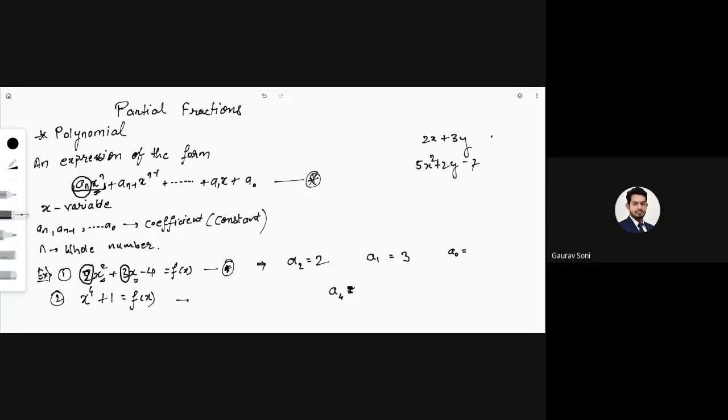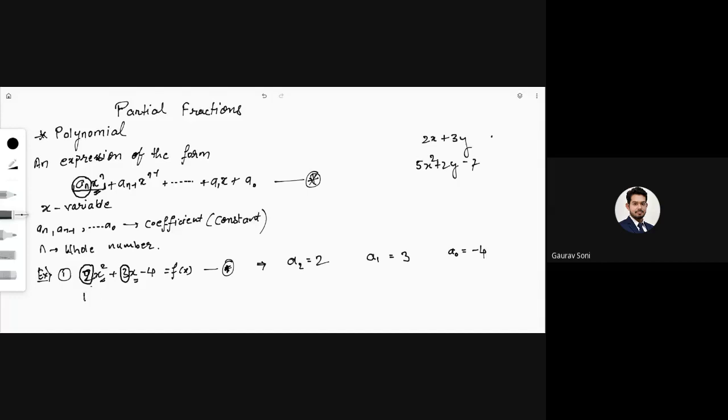-4. Okay, very good. a0 is -4. What is the highest power of the variable in this equation? In the first one, what is the highest power? 2. Very good. So whatever is the highest power, that is called degree of the polynomial. These things are very important, because when we will be solving examples, if you don't know these basics, you won't be able to do it.